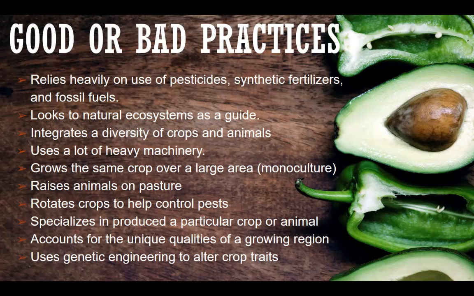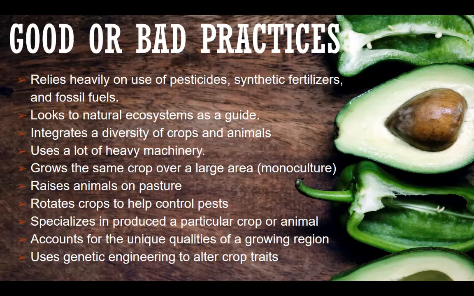So, number one, relies heavily on the use of pesticides, synthetic fertilizers, and fossil fuels. Number two, looks to nature or natural ecosystems as a guide. Number three, integrates a diversity of crops and animals. Four, uses a lot of heavy machinery. Five, grows the same crop over a very large area, what we've talked about as a monoculture.